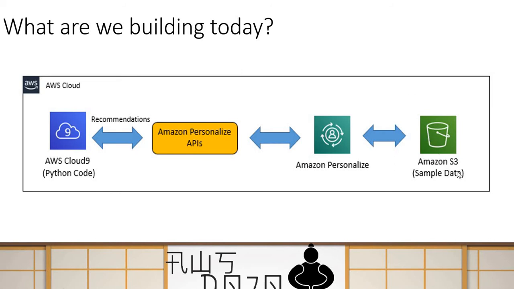We are going to put the data into an S3 bucket. Then we'll use Amazon Personalize, and we create the three building blocks. So we'll start with creating a dataset, to create a solution version, to create a campaign, and then we'll use this Amazon Personalize API and make a call from Python code to get recommendation about the user.